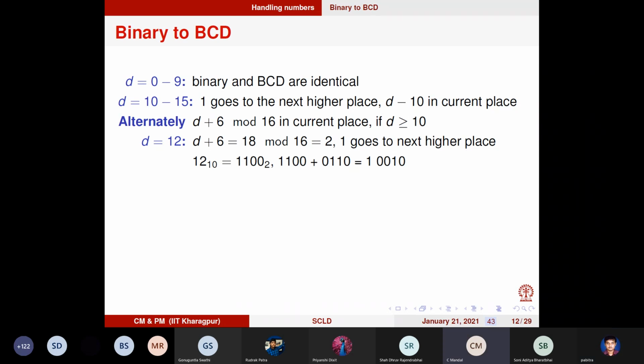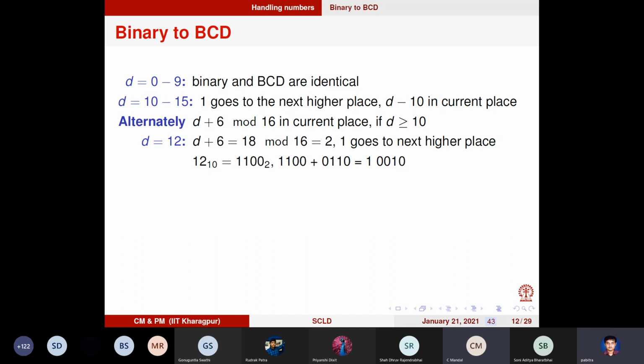You have to understand that the addition is happening in binary. For example, when you add 6 and 6, the result that you get is actually 12. The remainder on division by 10 is not easy, but as you can see, if you add 6 and take the remainder on division by 16, that's easier.